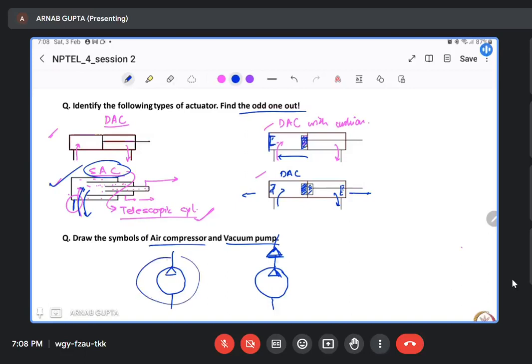Like in the case of an air compressor, you have a rotor which is rotating, and accordingly it sucks in air at a particular pressure, compresses it, and pushes it out at a pressure higher than the inlet pressure. But here, the suction is created externally, and it will take in the liquid, right? Sorry, not liquid.